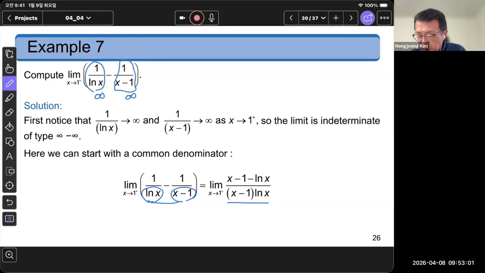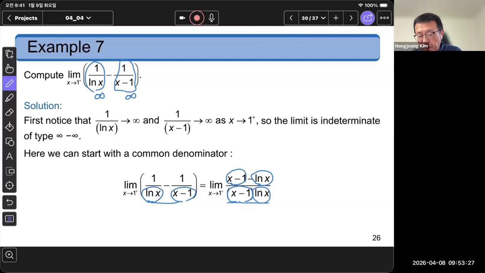Now, as x approaches 1 from the right, x minus 1 is approaching 0 and log x approaches 0. So the numerator is approaching 0. And as I said, x minus 1 is approaching 0 and log x is approaching 0, so their product will approach 0.